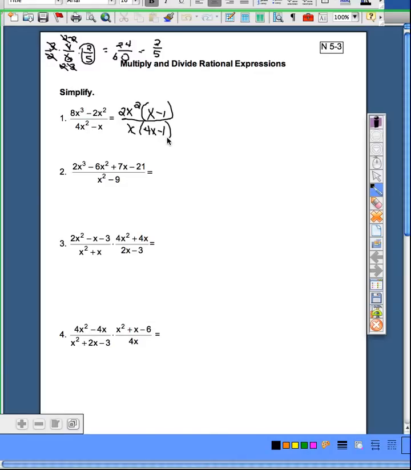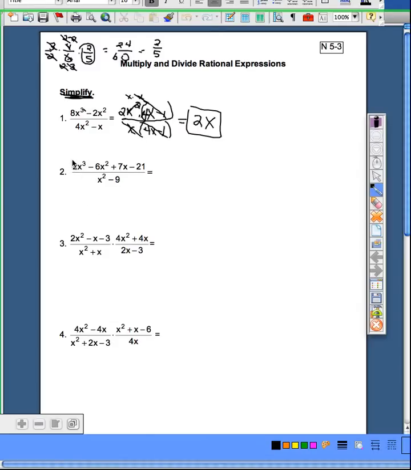I'm sorry, when I factored this out, that should have been a 4x minus 1. What we have in common now is these factors can cancel. 4x minus 1 are identical. I don't have another 2 to cancel, but x squared is the same as x times x. So if I rewrote that as x times x, then I could cancel one of the x's. What's left uncanceled is 2 times x, or 2x. That would be your final answer for simplifying. Again, we're not getting an answer, we're just simplifying this rational expression.